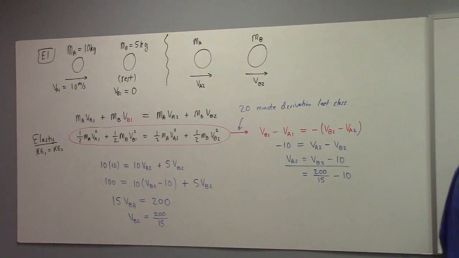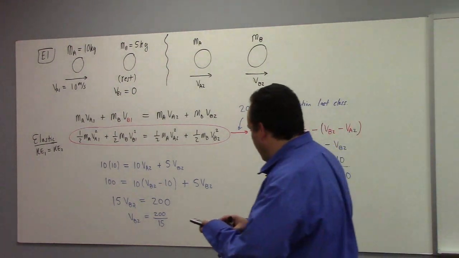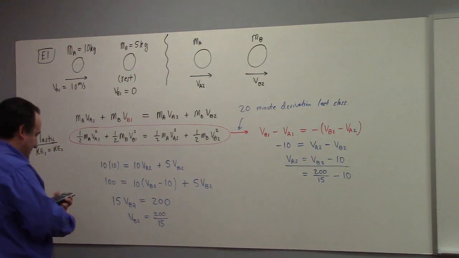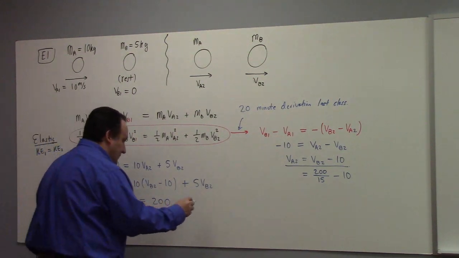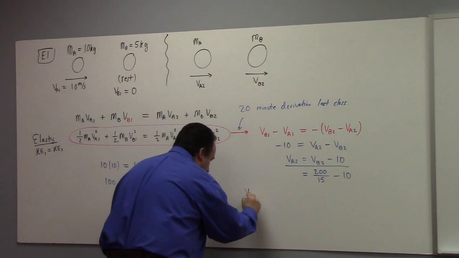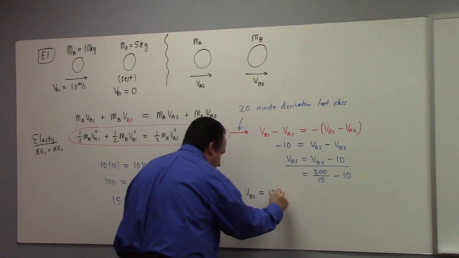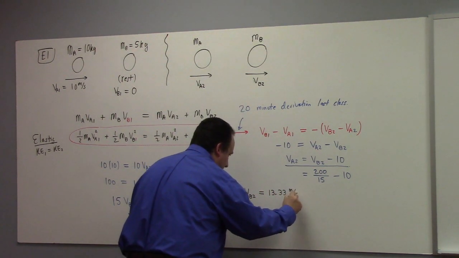Let me put some units on these answers before any other physics professors come in here and demand I be fired. 200 divided by 15. This is very bad. So VB2 is 13.33 meters per second.